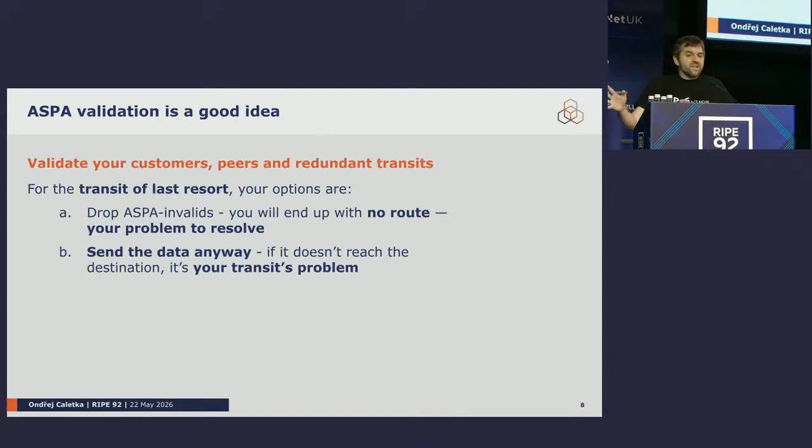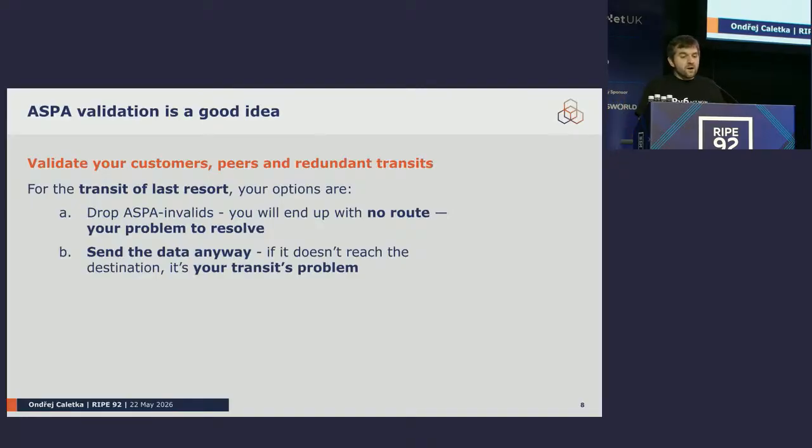But if you send the data anyway, the worst that can happen is that your ISP will drop it because of some route leak or whatever. That means it's your transit's problem, and you pay your transit to deliver the packets. It's the transit of last resort, so that's what you are supposed to do.